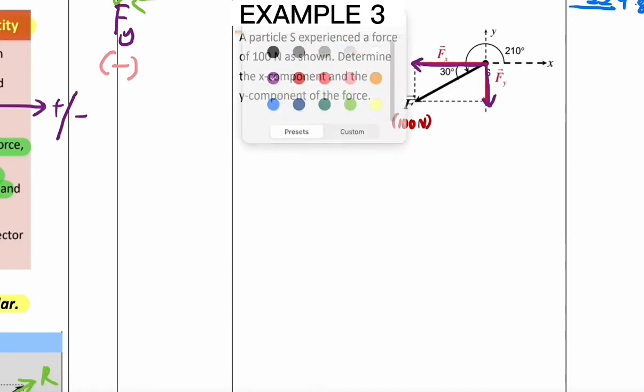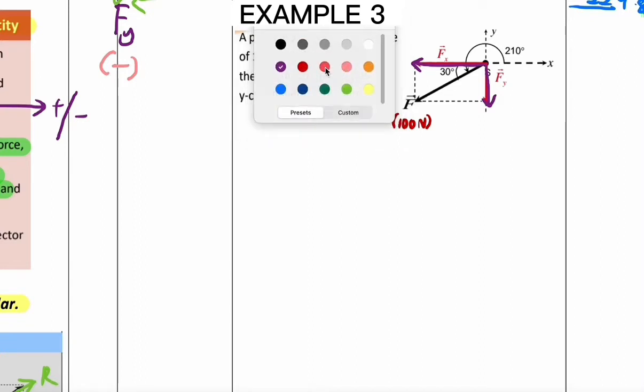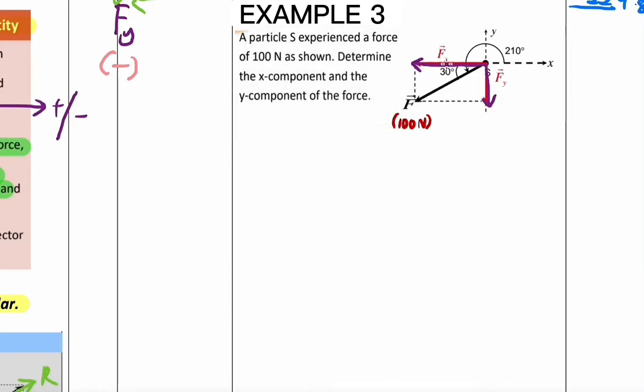The second step is kita nak check sama dia positif or dia negatif. Sekarang fx ke kiri, so bila dia ke kiri dia adalah negatif. Sama juga dengan fy ke bawah, so dia adalah negatif. Okay, ingat this is our axis.